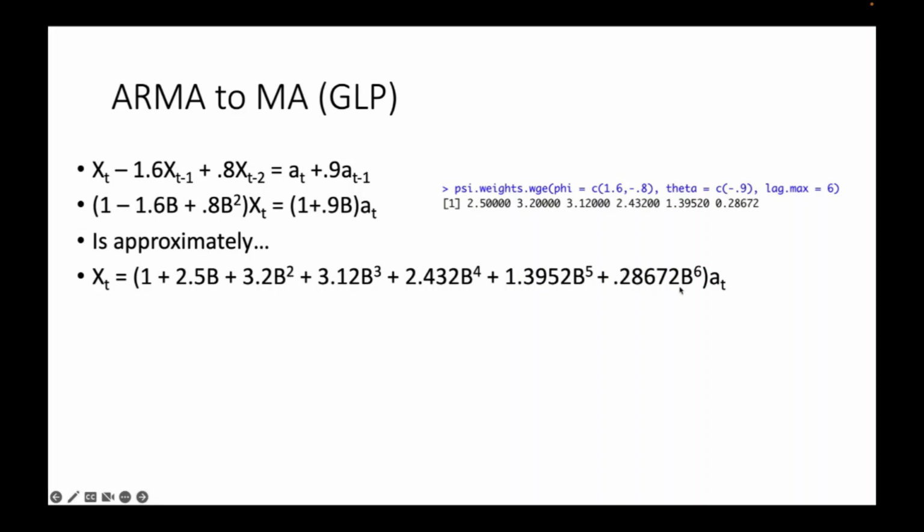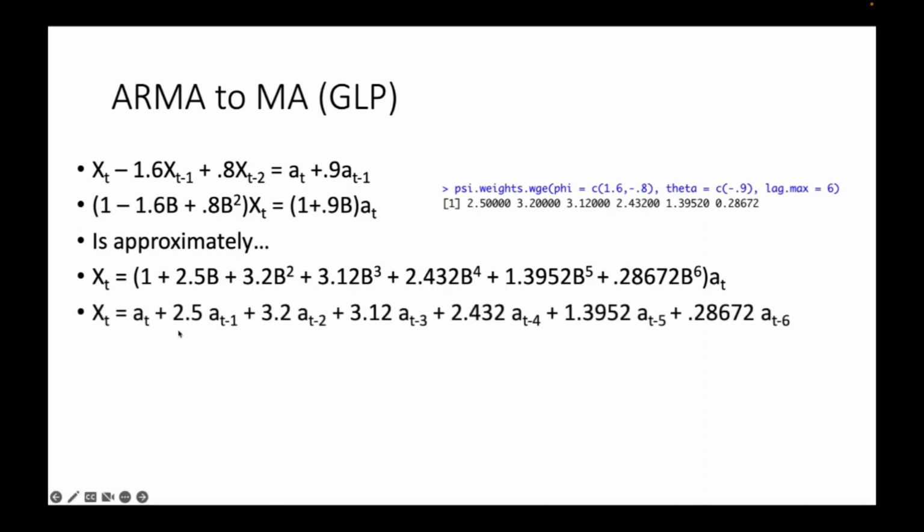And if I distribute that a_t, then we'll have a_t times 1 is a_t, a_t times 2.5B is 2.5 a_t minus 1, all the way down to a_t times this coefficient B to the sixth is 0.28672 a_t minus 6. And that is how we can represent an ARMA model as an infinite order MA, or as a GLP.